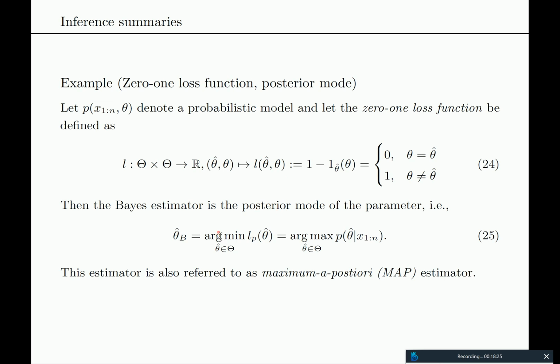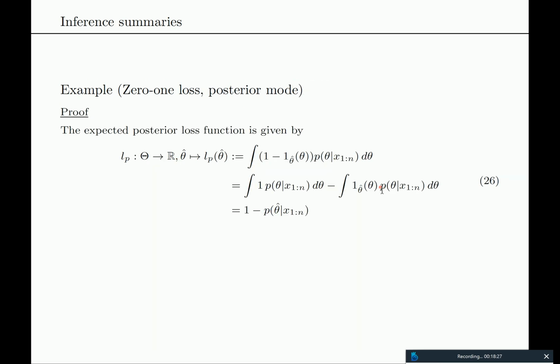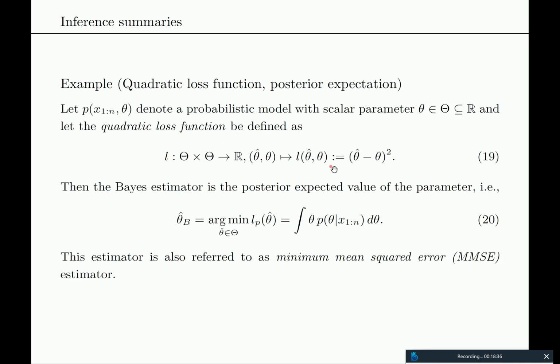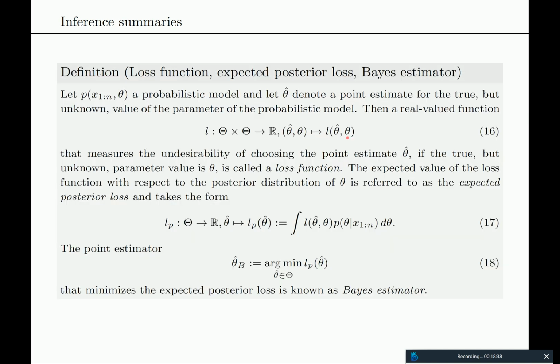Well, you don't calculate that really. So two things. First, in terms of the pure loss function, you need to come up with some penalization scheme. You need to say, okay, if theta hat and theta have the same value, then I've done okay, because my point estimate is the same as the true but unknown value.